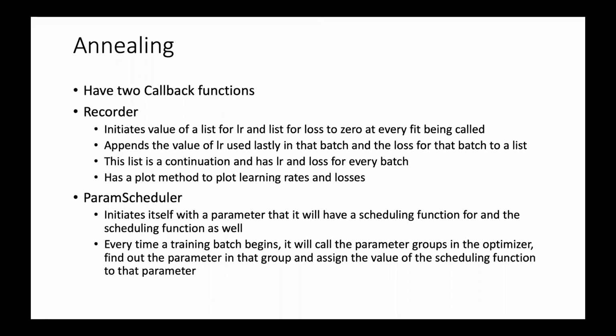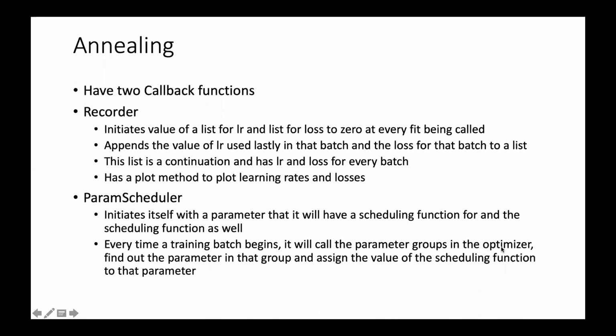A param scheduler, again, is very simple. It says, I will initiate myself with a parameter that I like to monitor, or a parameter that I like to schedule, and it will have a scheduling function. So there are two things: I have a parameter and I have a scheduling function. Every time a batch begins, I will check whether it is training or validation. If it is training, I will call the parameter groups in the optimizer.